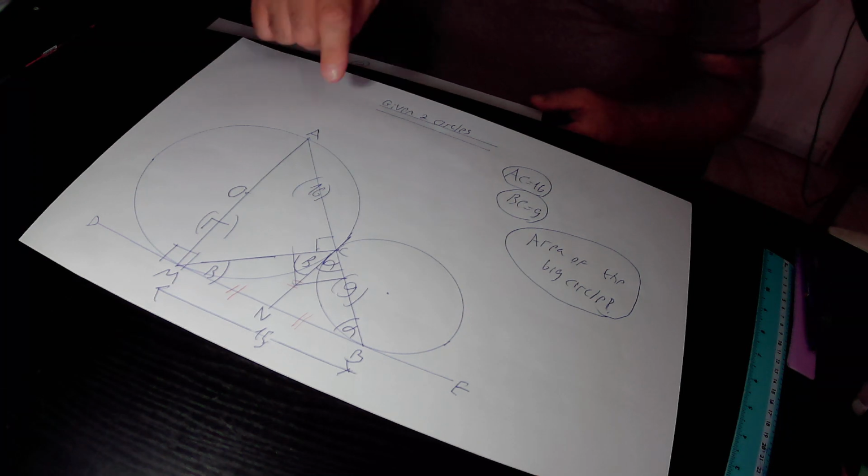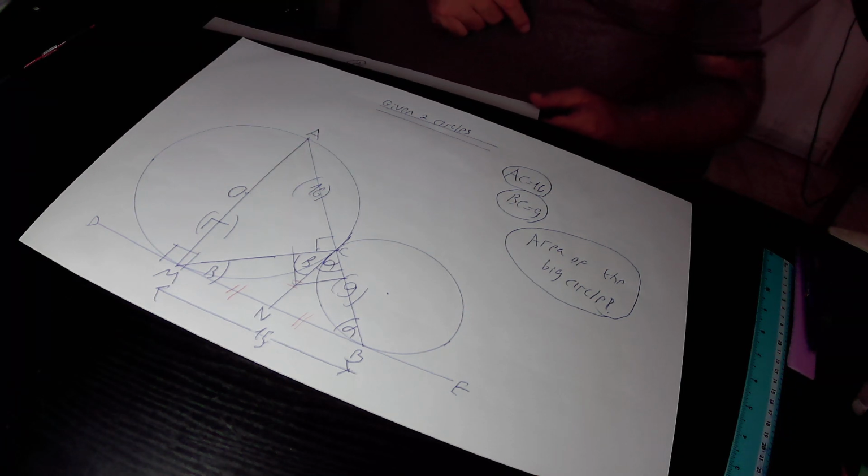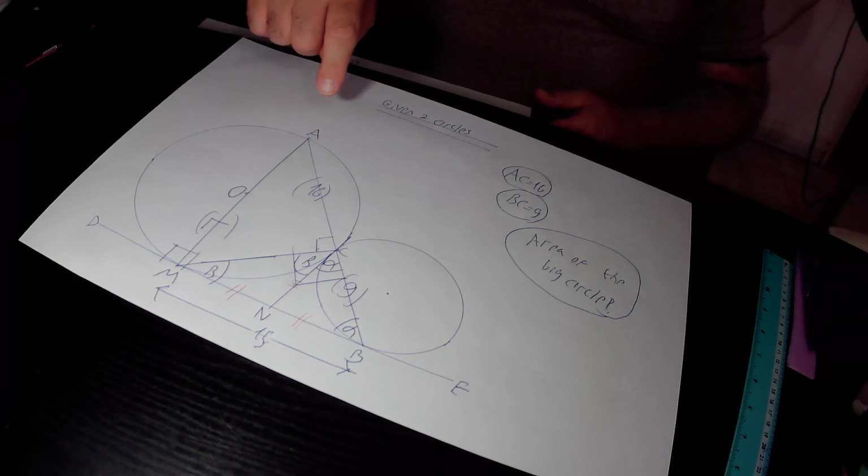So AM is the diameter of this big circle, and we know that the center of any circle must be located on the diameter of the circle. So the center of this circle must be located on AM.